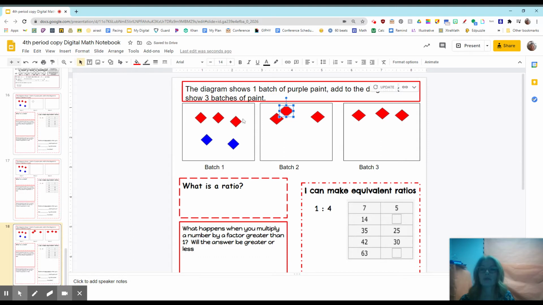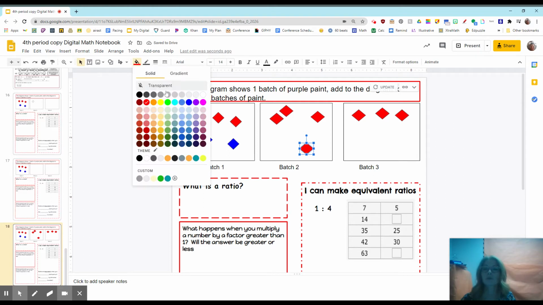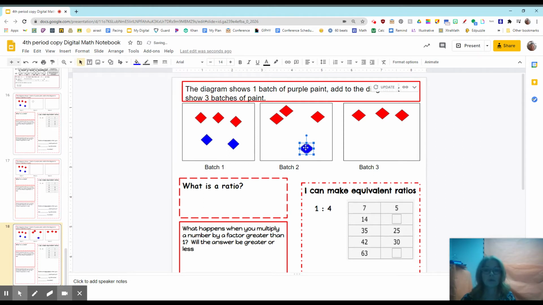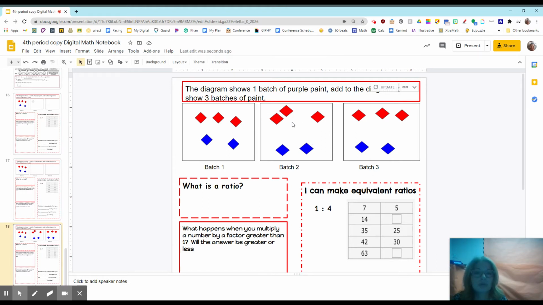And then I need to do it again. Control V. This guy I need to make blue. And then let's see, Control C, Control V, Control V, Control V. And then I made some more. So now I've made 3 batches of paint, and my color is going to be exactly the same. If I use 9 reds and 6 blues, I will have the exact same color of purple paint, which is awesome.